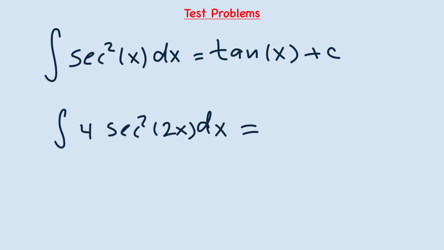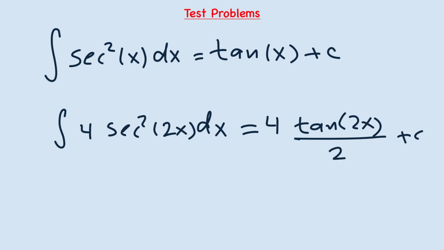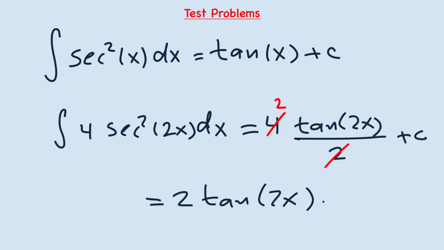So the answer will be 4 tan 2x divided by the integration of the angle, which is 2 plus c. Now we can simplify this expression. We can cancel the 2 with the 4. We will have 2 left, which equals 2 tan 2x plus c.